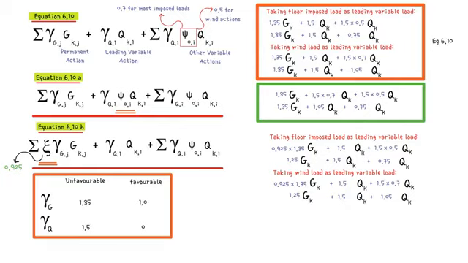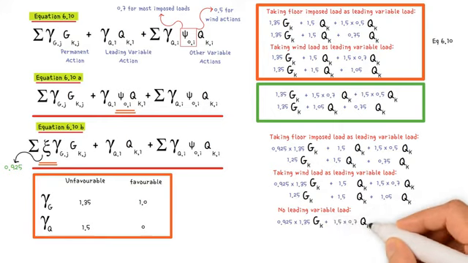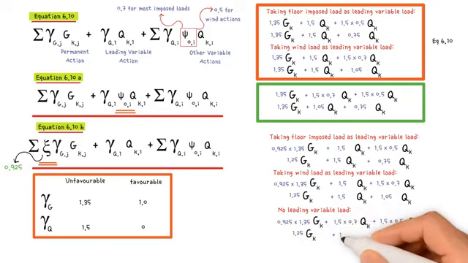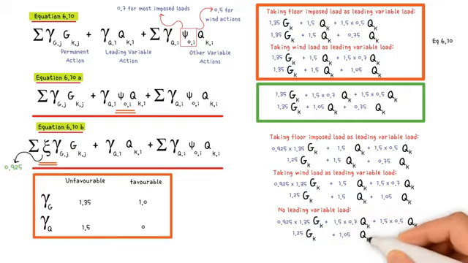Now if we assume that there is no leading variable, then we treat both the imposed and the wind load as other variables. So, we multiply both by psi naught factors, and we get 1.25 times the permanent action, plus 1.05 times the imposed load, plus 0.75 times the wind load.